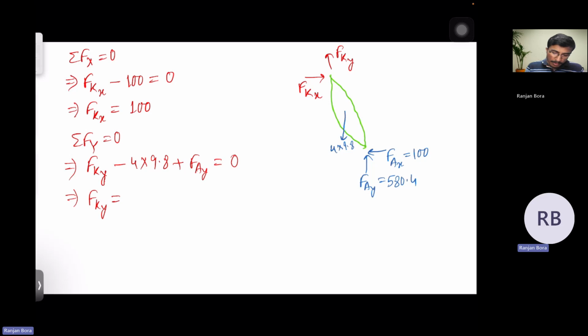Fky will be 4 into 9.8 minus 580.4, which will be minus 541.2 Newton.